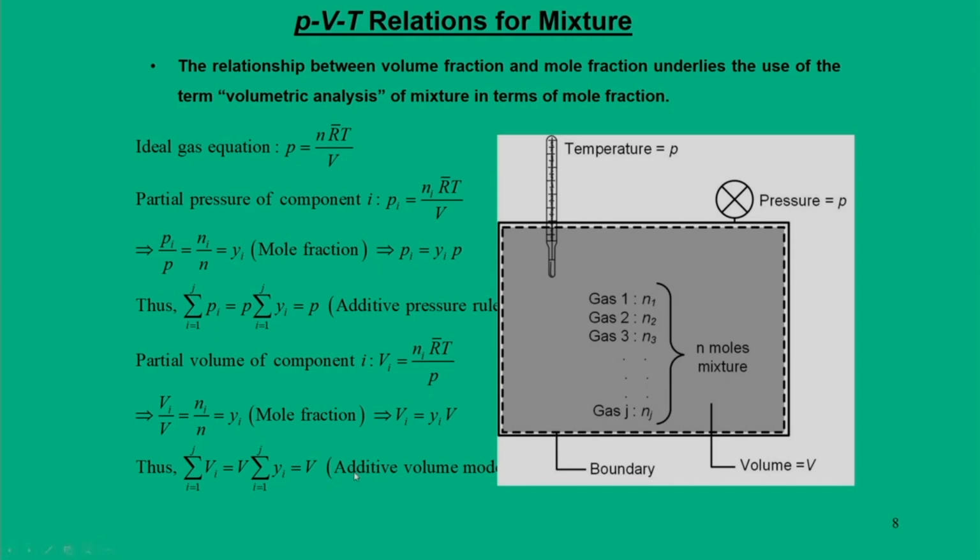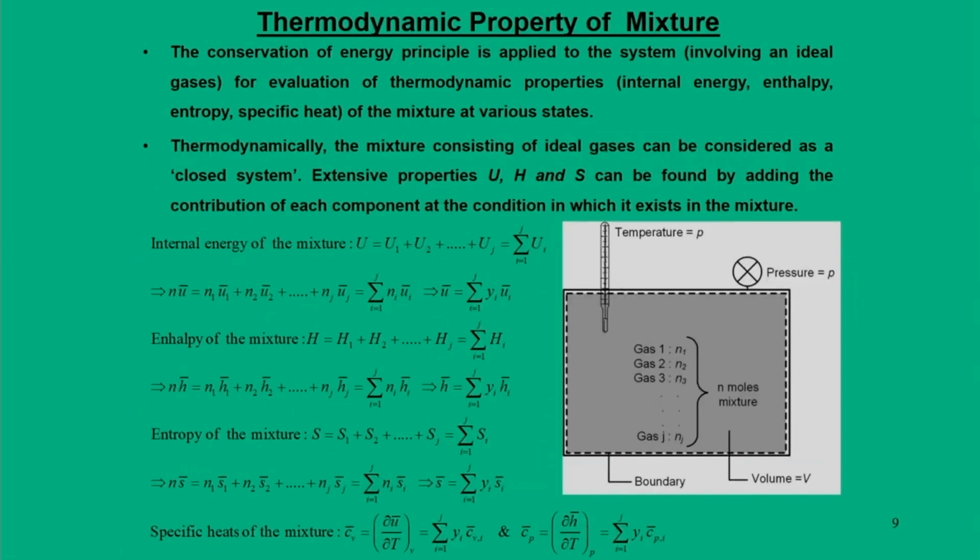So, this analysis also satisfies the additive volume rule, and this molar analysis we call a volumetric analysis of the mixture in terms of mole fractions. Now, having said this, we have the individual components in terms of partial pressures, and we also find out the volume of each individual component.